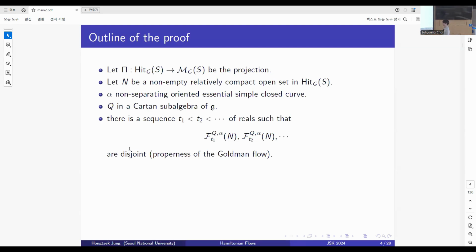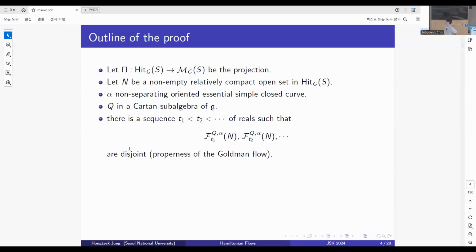Well, the properness of Goldman flow that I showed last time tells us that we can find a sequence of real numbers such that these open sets are disjoint in the G-Hitchin component.